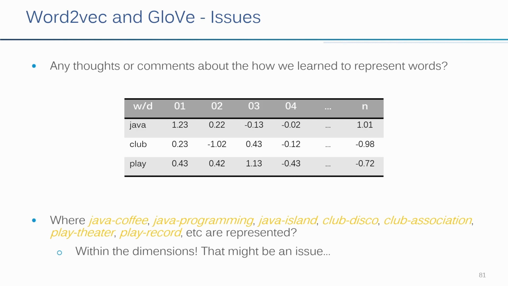The thing is, this also has the problem of overrepresentation in the corpus for the meaning and context of those words. Imagine that you have an entire Wikipedia. If you have more pages in the Wikipedia that talk about Java as a programming language, most likely these dimensions are able to represent Java as a programming language way better than Java as a coffee. Of course, this will be embedded there, but you will see that it's not that easy to, for example, disambiguate these words when you have just one representation for everything.